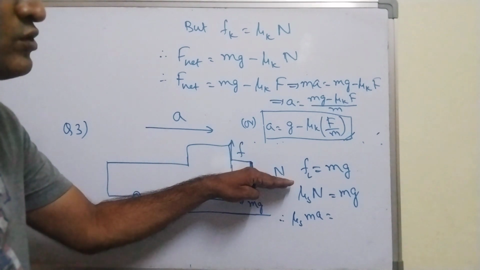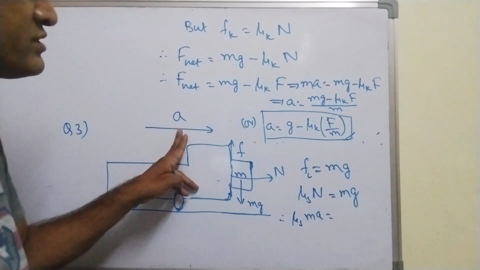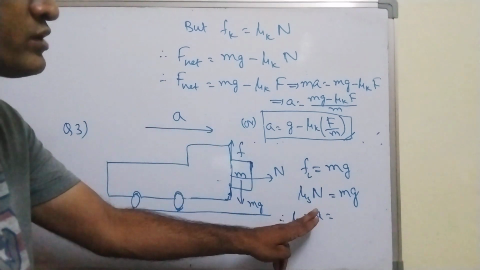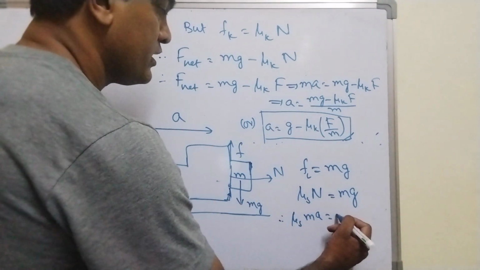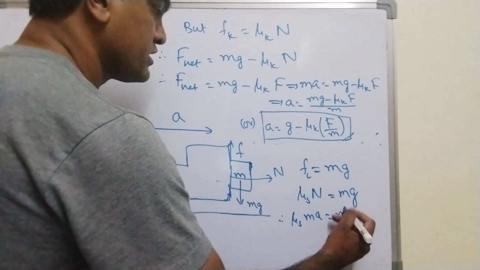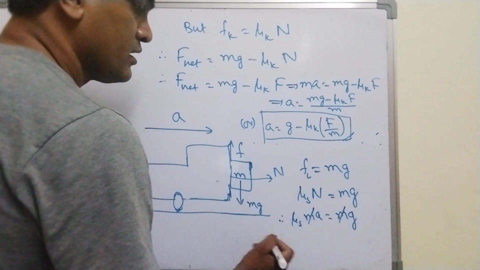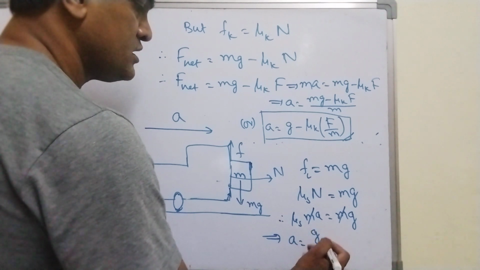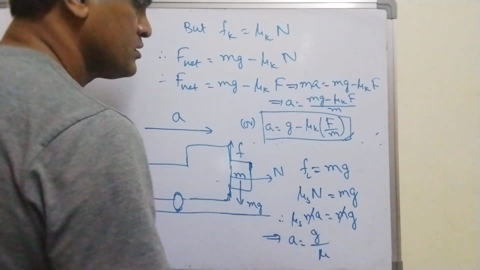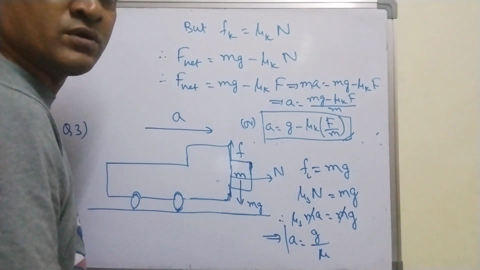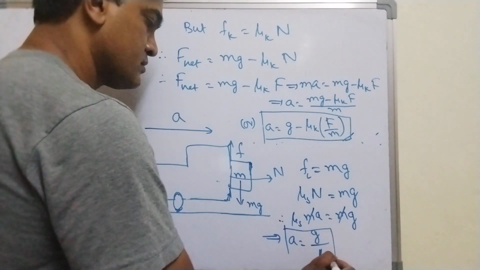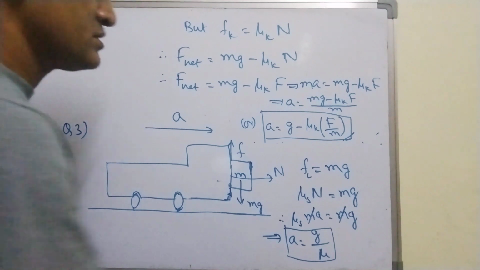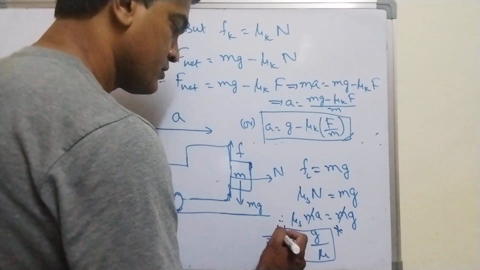This is the only force which makes the truck move with acceleration a. So N is equal to ma. Then mu s ma is equal to mg, so I can cancel m, and the value of a is g by mu s. This is the formula, an important formula.